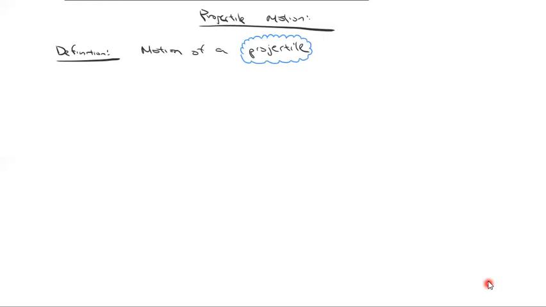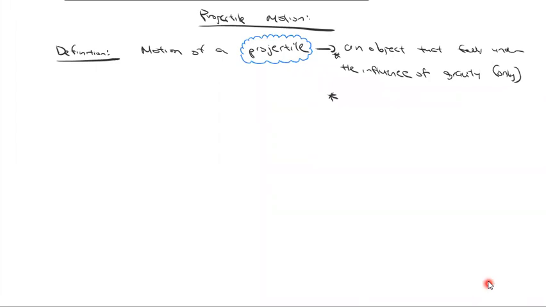And for your course in physics, we're basically saying that a projectile is an object that falls under gravity only, okay? So basically, it's only affected by gravity.